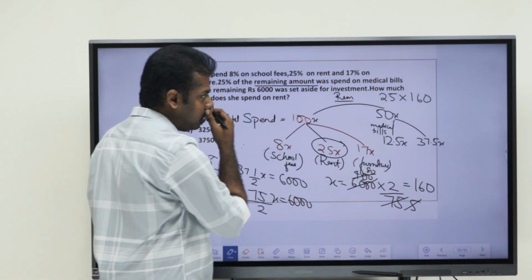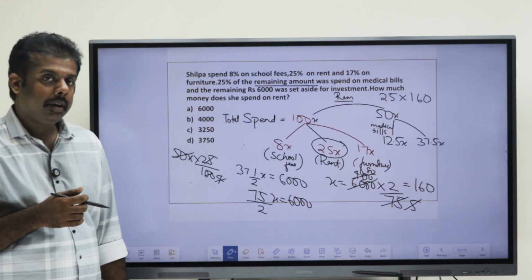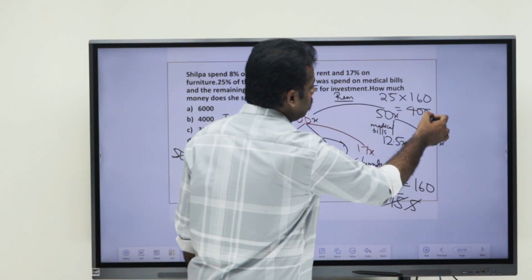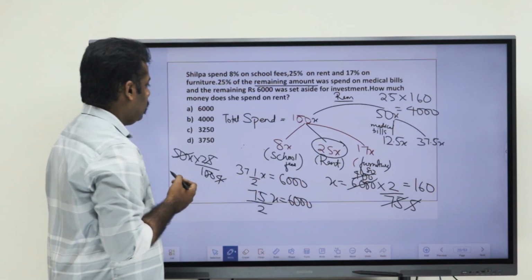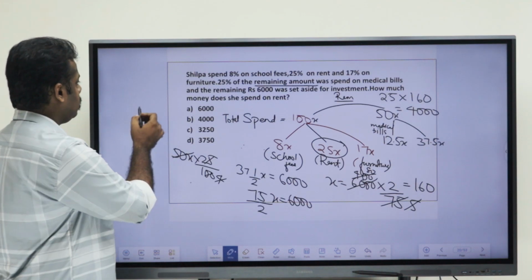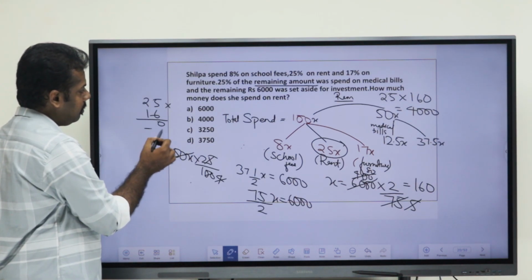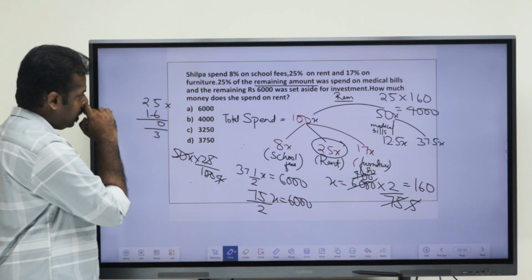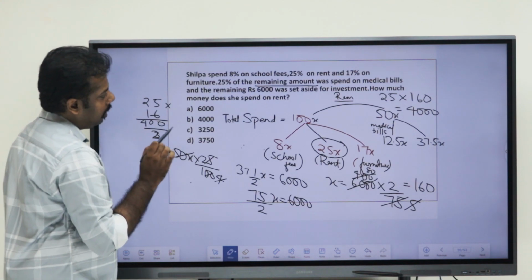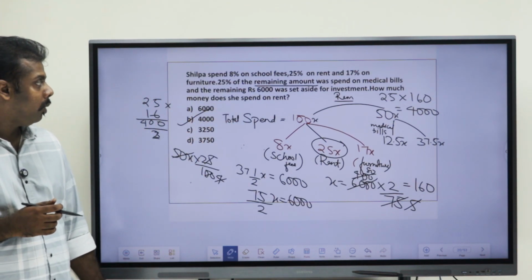Multiplying both values, 25 into 16 is 400, so obviously our answer has to be 4,000. Otherwise you can just multiply and find out as well. The answer is correct. 4,000 is the amount she has spent on rent.